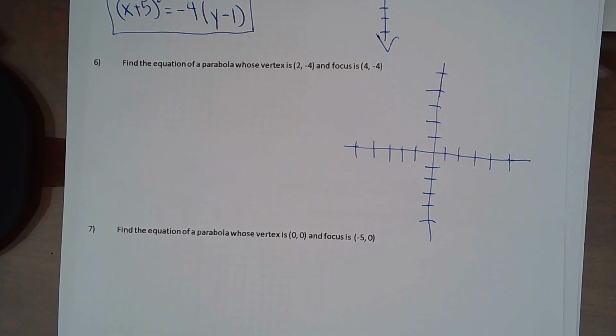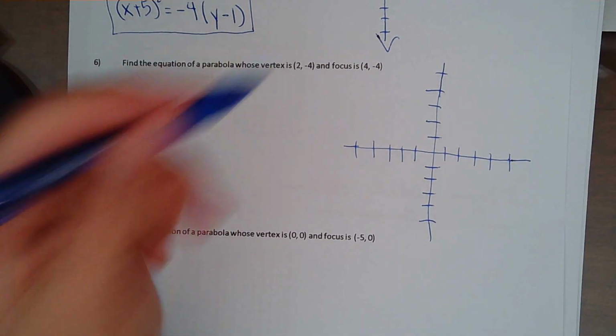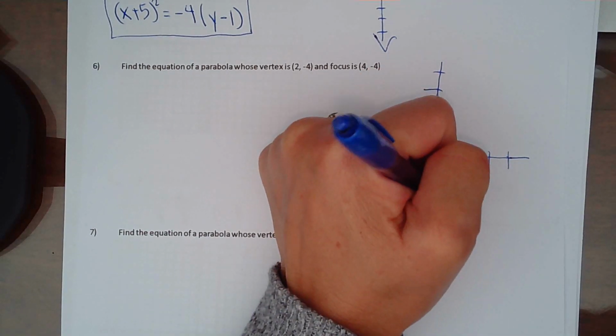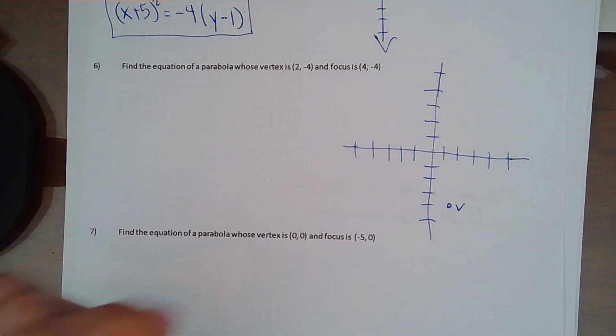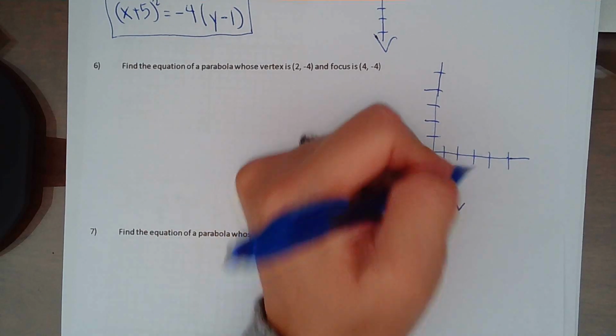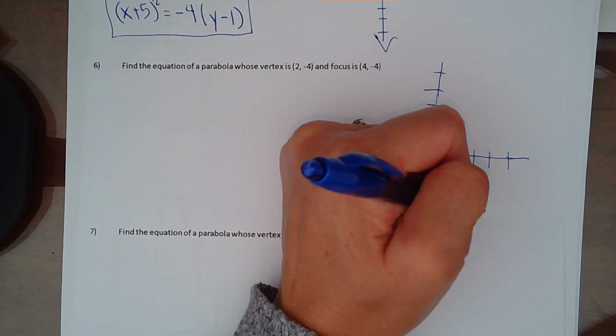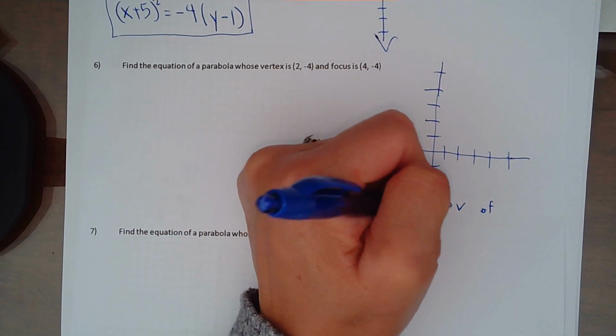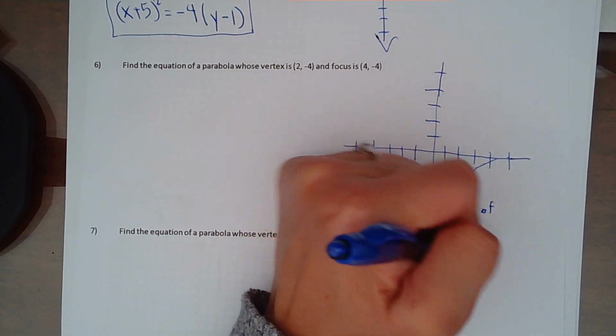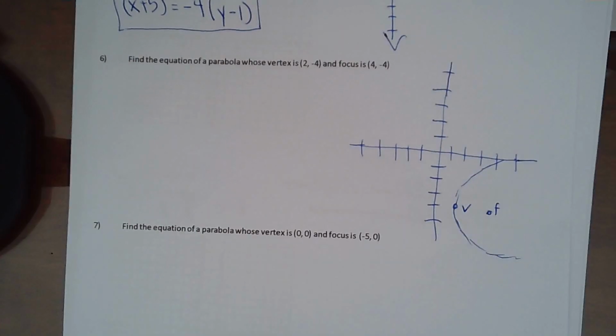And I'll plot my vertex first. So over 2, down negative 4. This is my vertex. And my focus is over 4, 1, 3, down negative 4. That's my focus. So I now know that my parabola opens to the right.